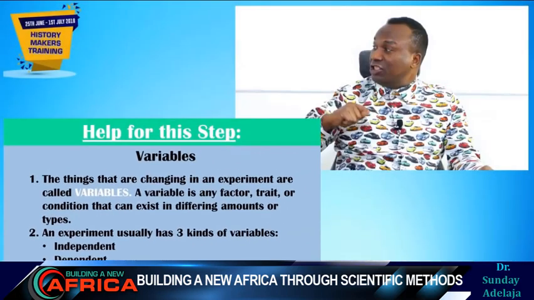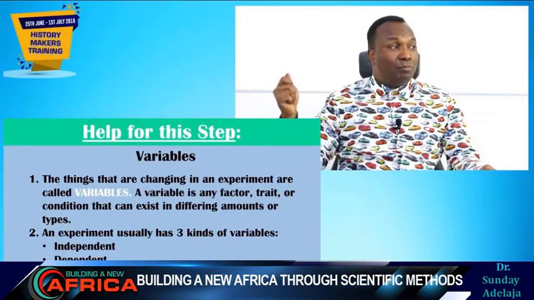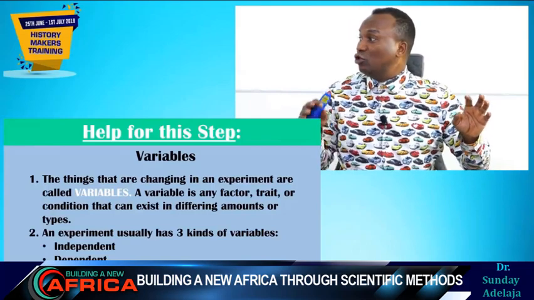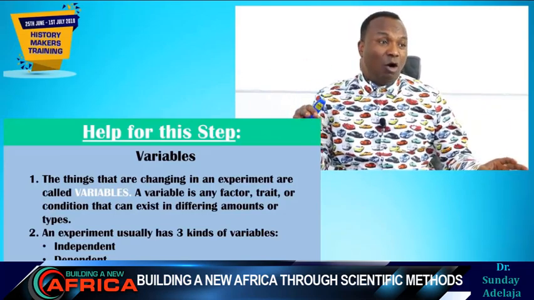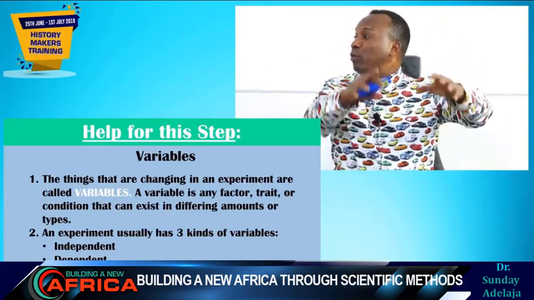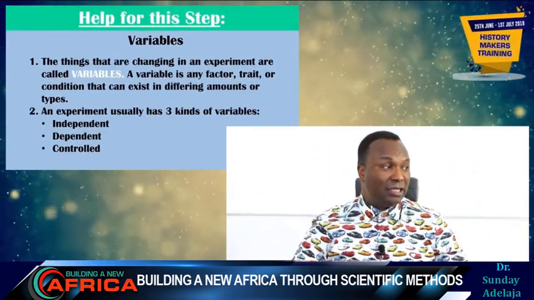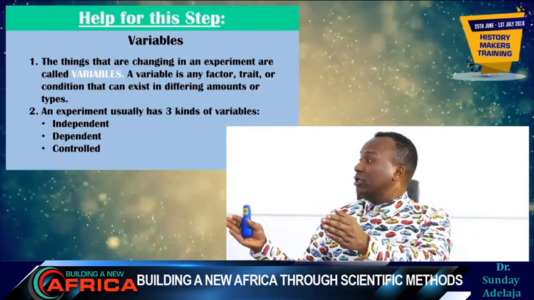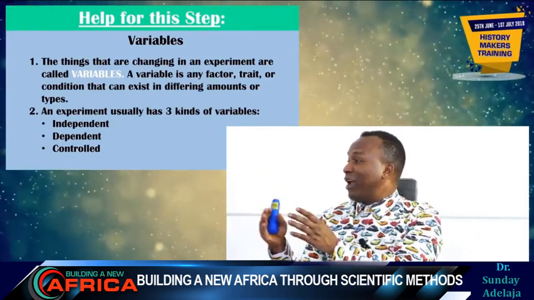So those things that you can change or measure, they might be independent, that is, it could be done independently. Or some of them depend on the whole process itself. It's not you who decided. Or some of them, you control. You yourself construct it. It is fake.